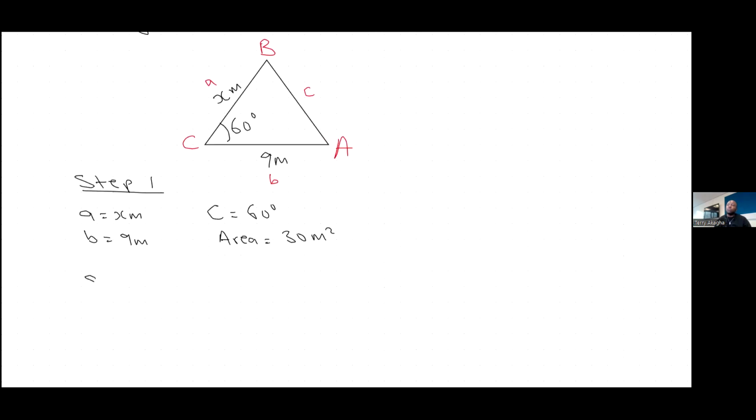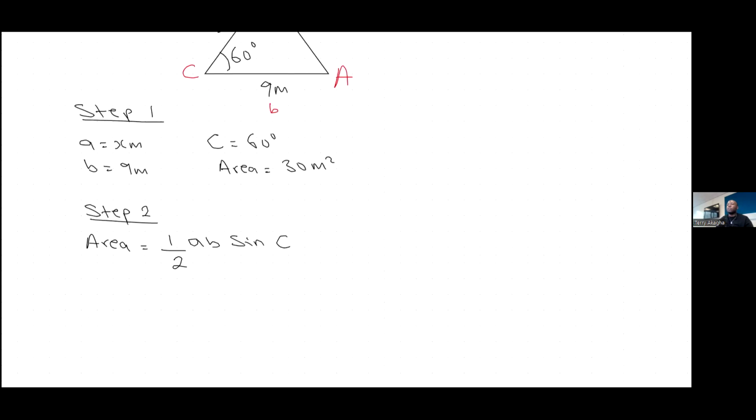So step 2. When we know this, we can now use the area. The area is equal to 1/2 ab sine what? C. But in this case, we're looking for a. Are you seeing it? We have to make a the subject of the formula.